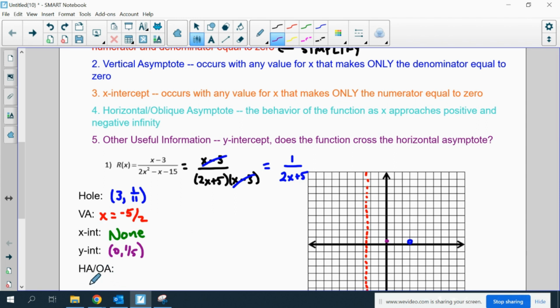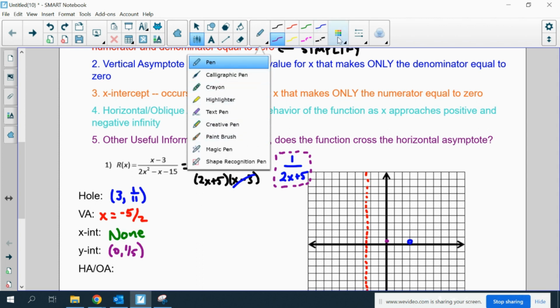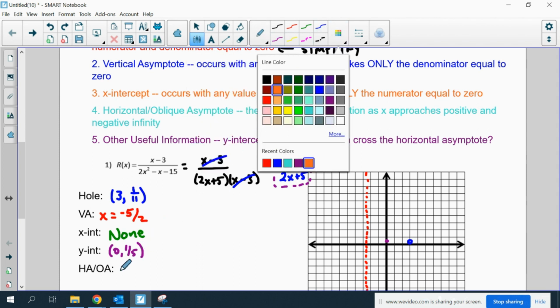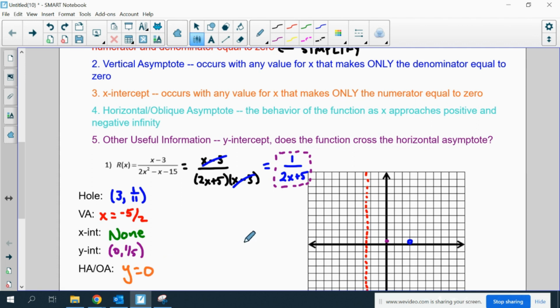And then we can determine the horizontal asymptote. We look at this function, either the simplified or unsimplified version. We see that the power on the bottom is bigger than the power on the top. So that means that our horizontal asymptote is going to be the line y equals 0. And then that will give us pretty much everything we need in order to graph this function.